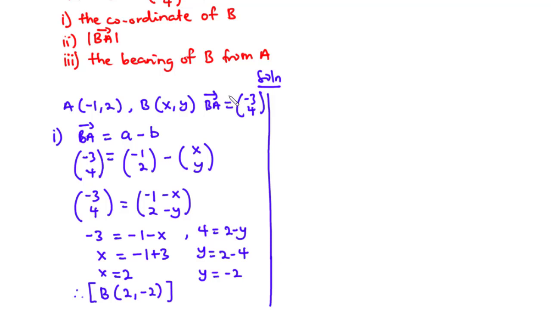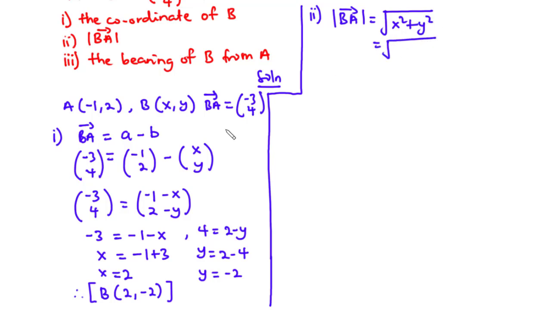Now let's find the magnitude. So the magnitude of the vector BA is equal to the square root of the x component squared plus the y component squared. Now the x component is -3, so -3 squared, and the y component is 4.